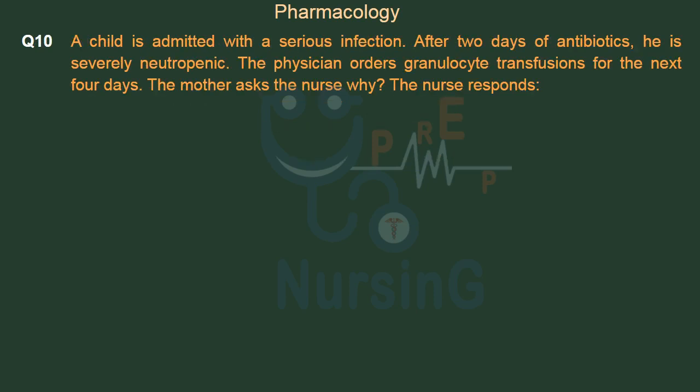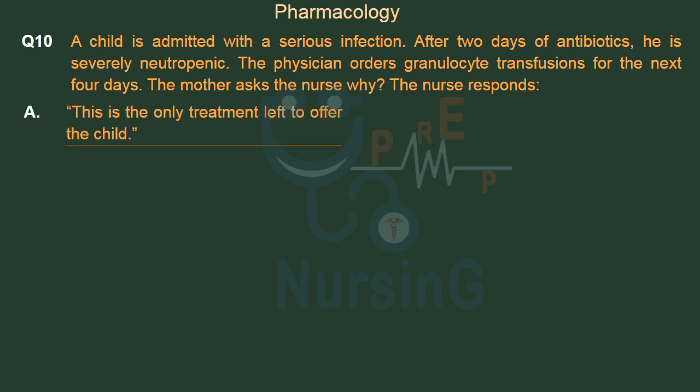A child is admitted with a serious infection. After 2 days of antibiotics, he is severely neutropenic. The physician orders granulocyte transfusions for the next 4 days. The mother asks the nurse why. The nurse responds: Option A. This is the only treatment left to offer the child.